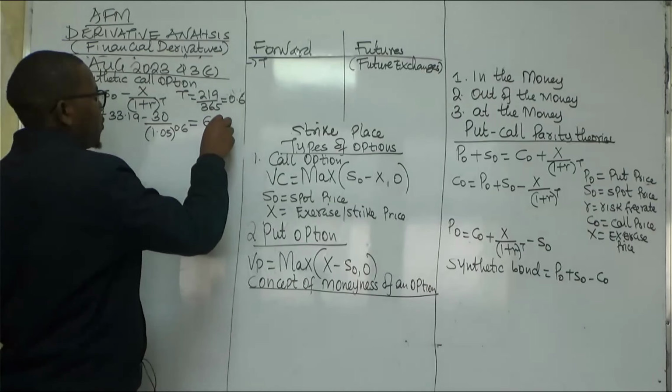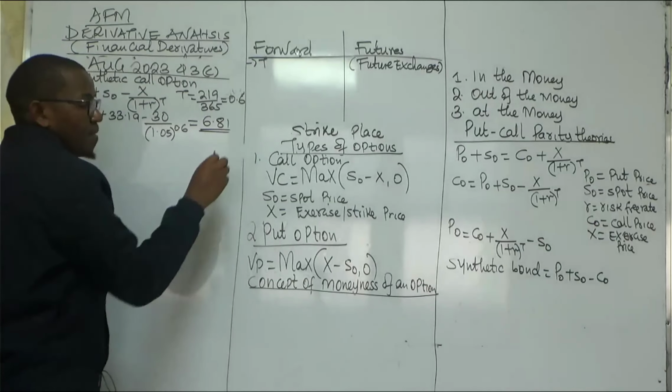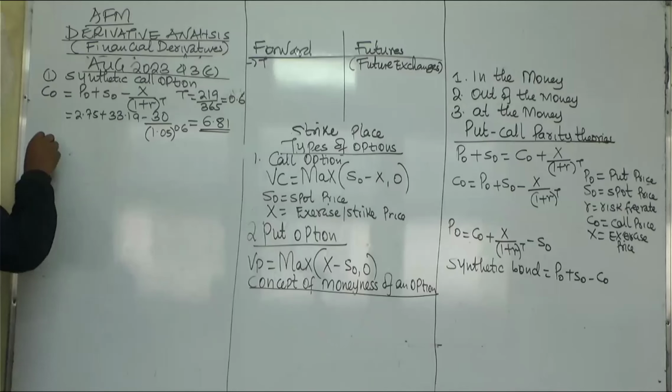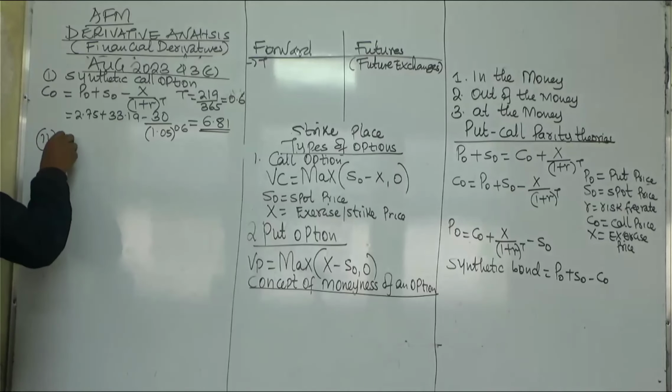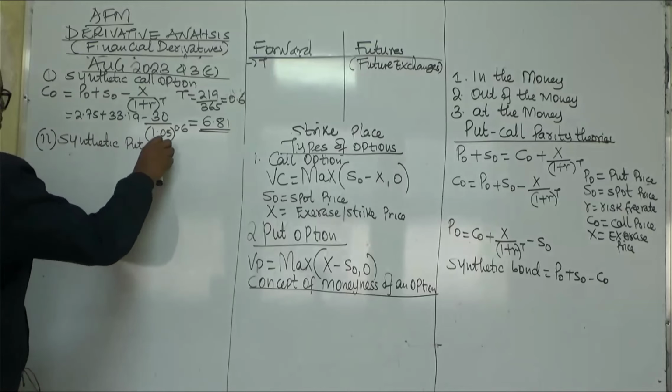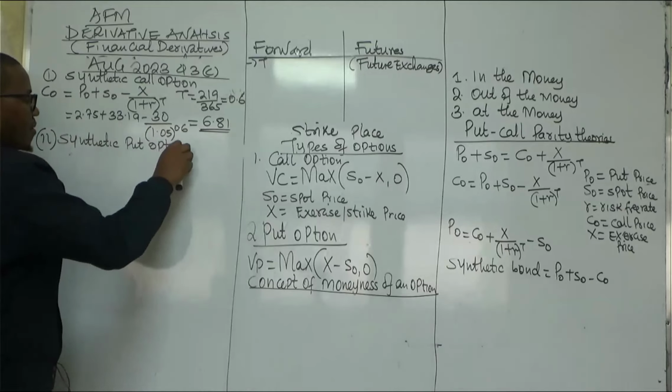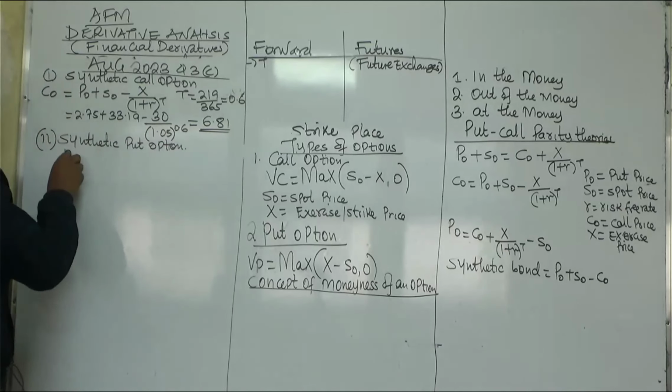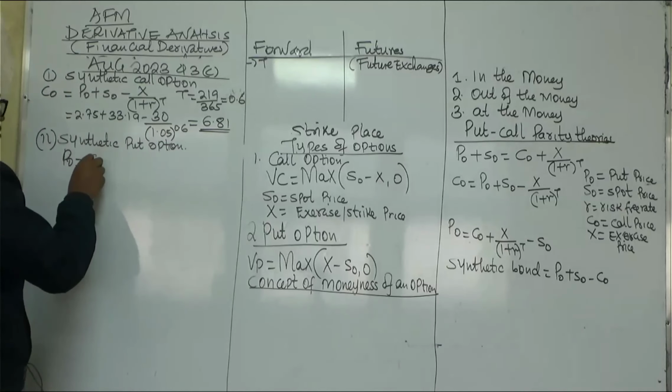This is 6.81. For question 2, they want the synthetic put option. So for the put option, I now make it the subject of the formula.